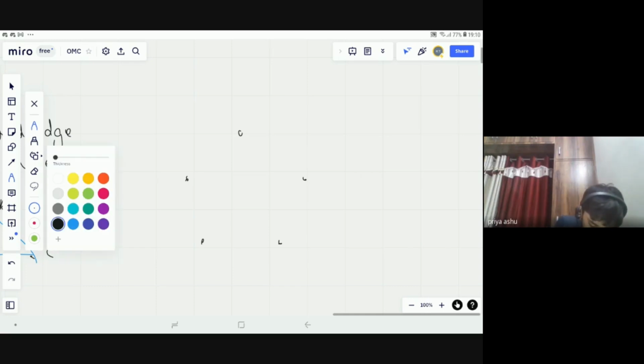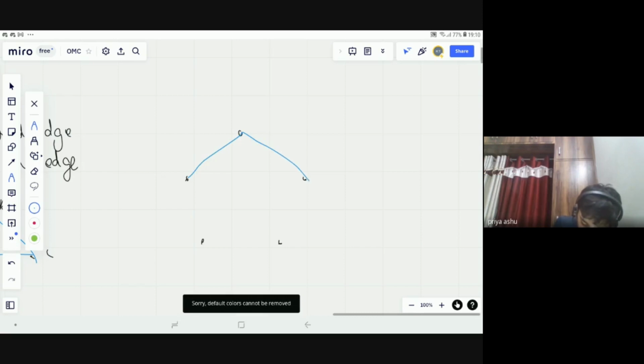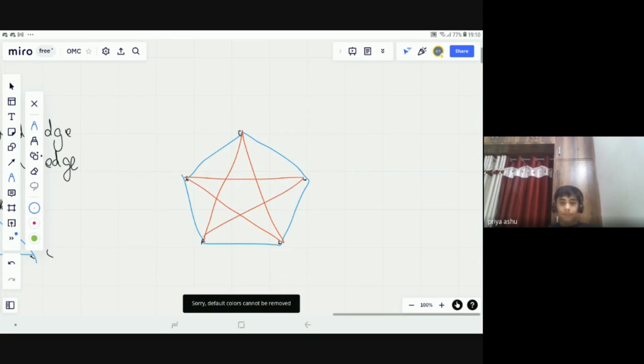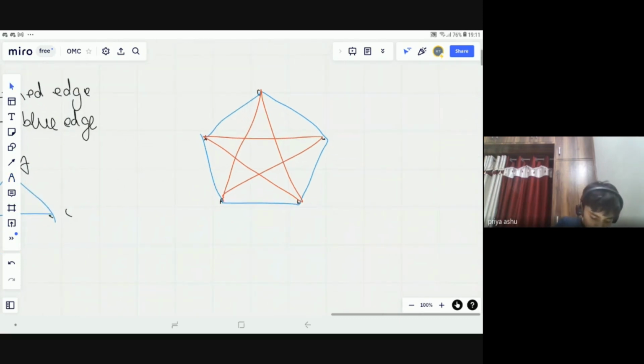An example is this. Clearly, there is no red triangle or blue triangle. So we say that R of 3 comma 3 is equal to 6.